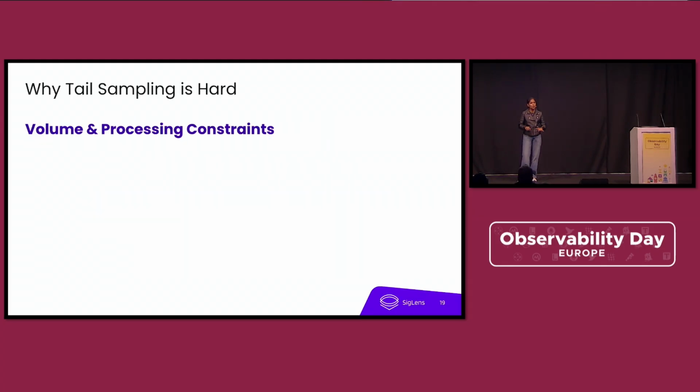Let me explain why it is hard to do tail sampling. First, you need to collect all the spans until the request completes, because you need to have the complete picture of the trace before you move forward.